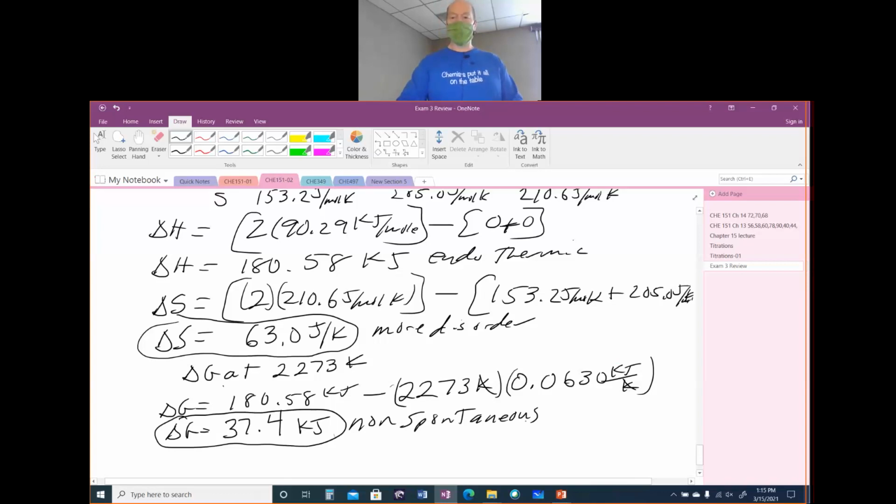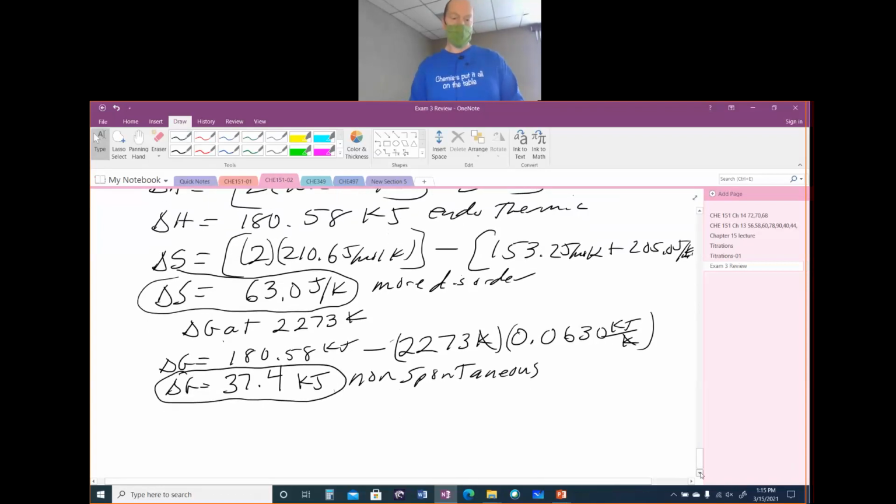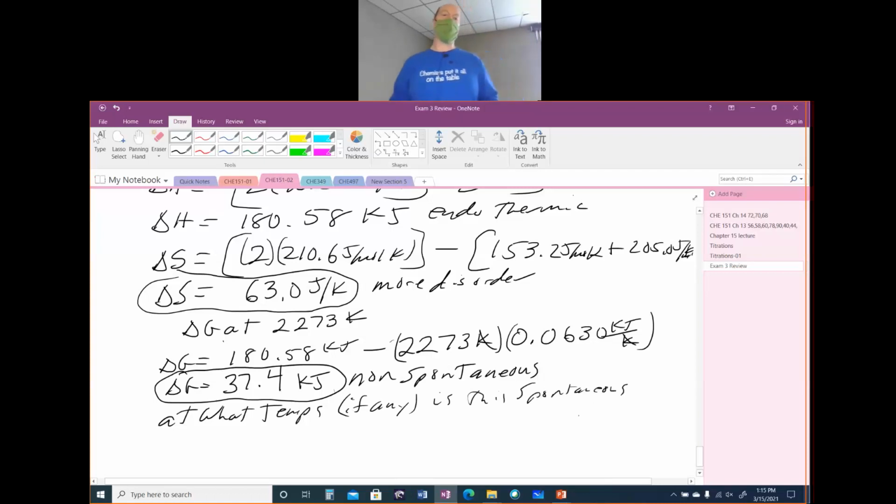All right, and so when will this be spontaneous? At what temperatures, if any, is this spontaneous? Your delta H is positive, your delta S is positive, so there will be a temperature.